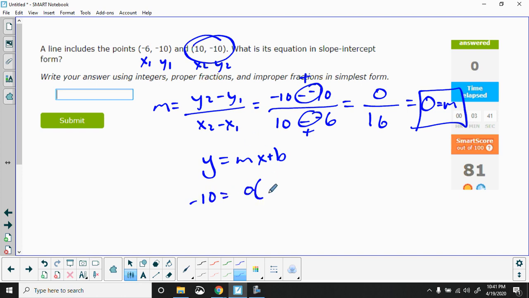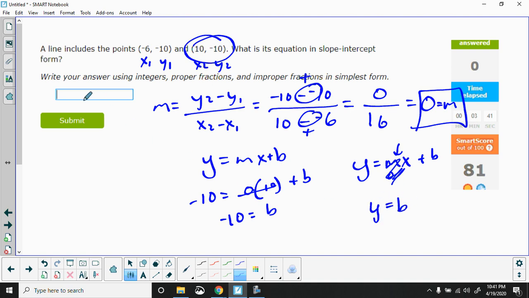So those cancel because the 0. B is negative 10. So since our slope is 0, let me show you what that looks like. The fact that that m is going to be a 0 means that x is going to cancel out no matter what. So really we just have y equals b. So y equals negative 10. Boom. Try to trick you, but that's okay. We know what we're doing.